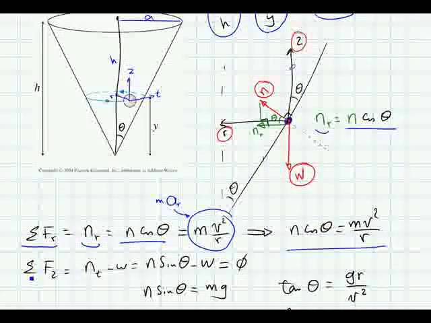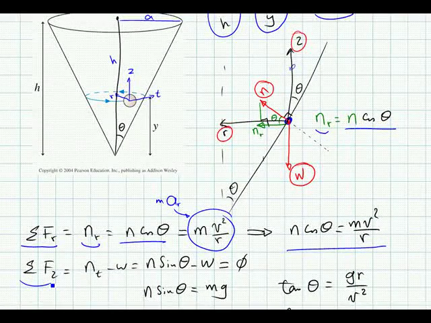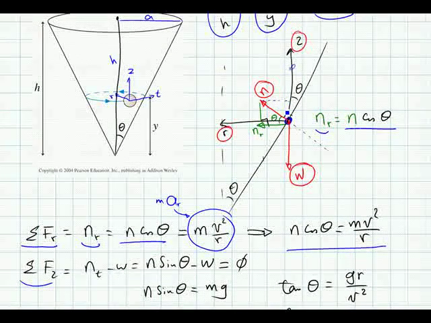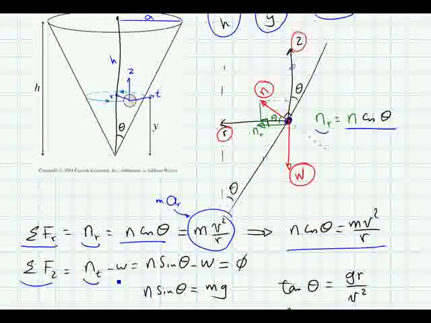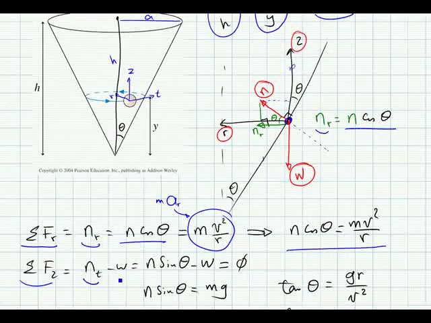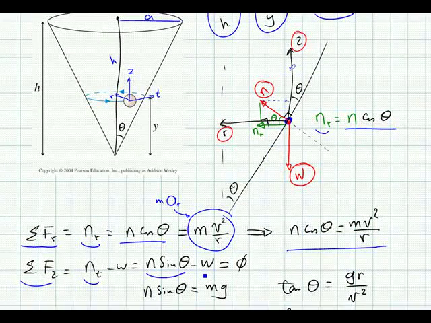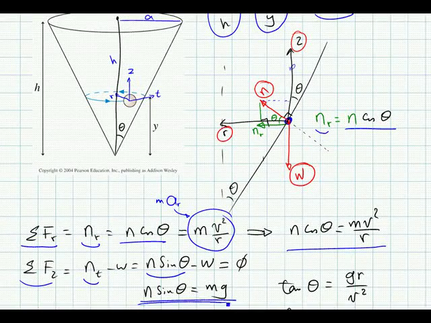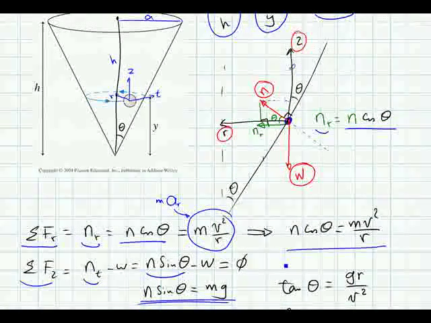Now looking at the z component, what do we have? Well, we have the tangential component of N minus W, and the tangential component is N sine theta, and W of course is mg, which gives us N sine theta must equal mg.